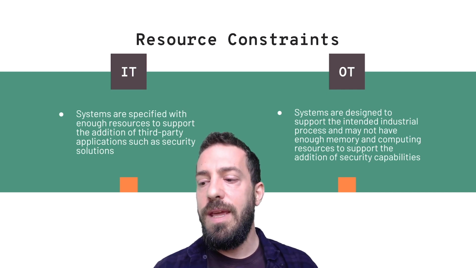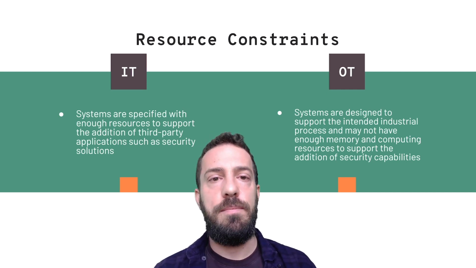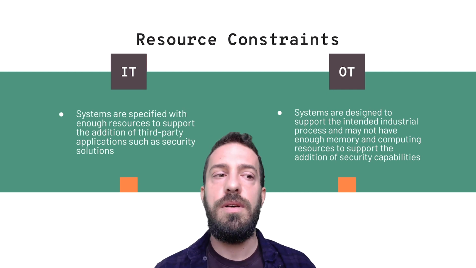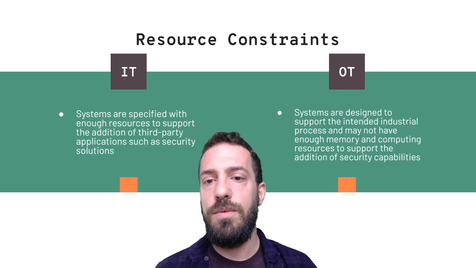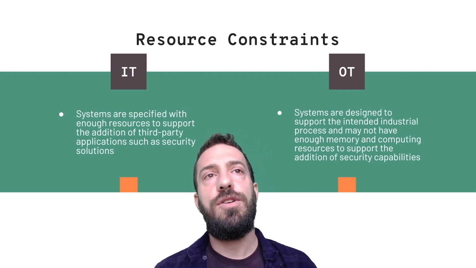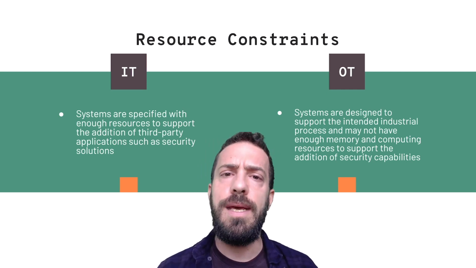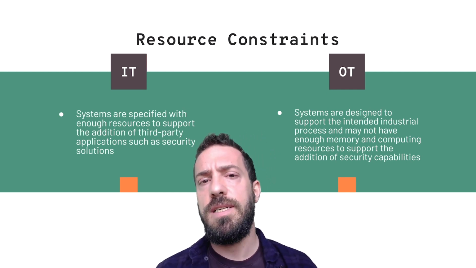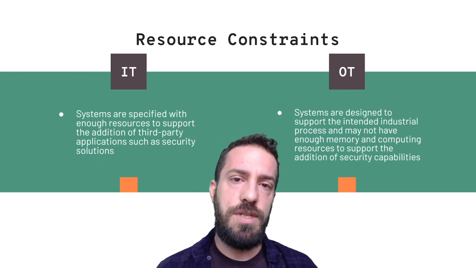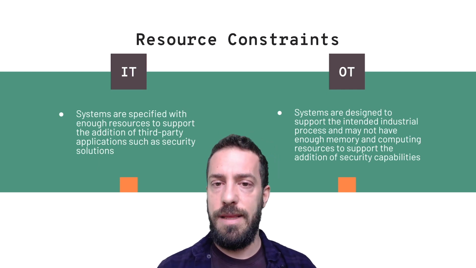So the practice of adding malware detection on the controller is not easy to do in OT. So you have to think again of other solutions. Again, solutions could be proper network segmentation, DMZ zones, and other things we'll see later in this class.